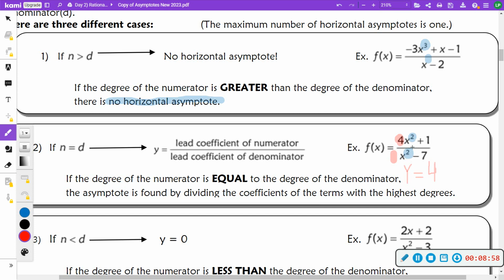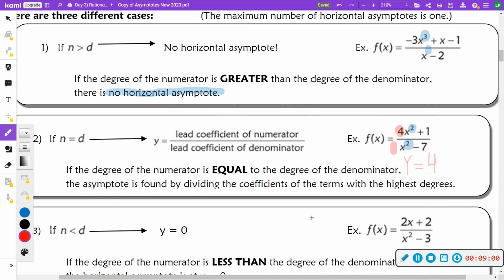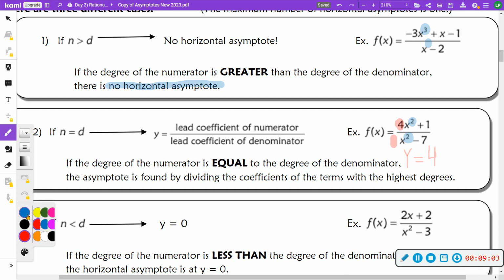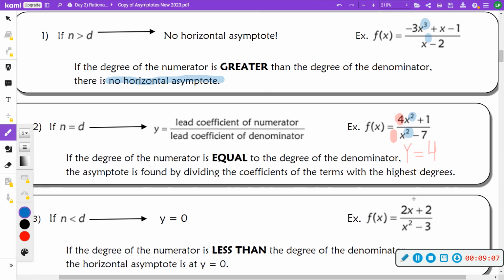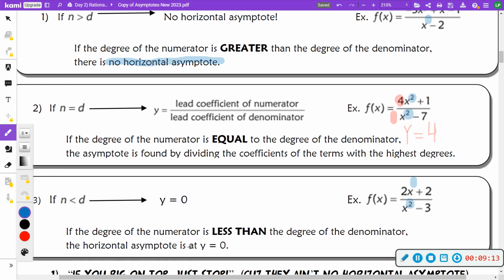So that's when the degrees are the same. And then the other option would be, what if this degree, which is 1, is less than this degree, which is 2? Well, anytime that happens, you know it's always a horizontal asymptote at y equals 0.